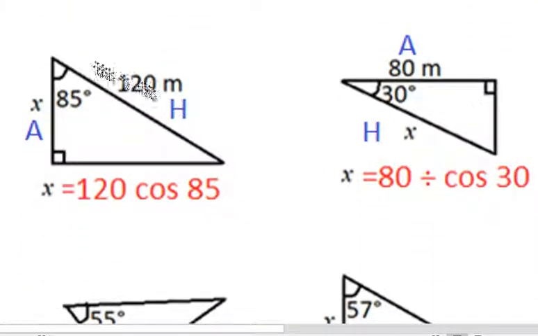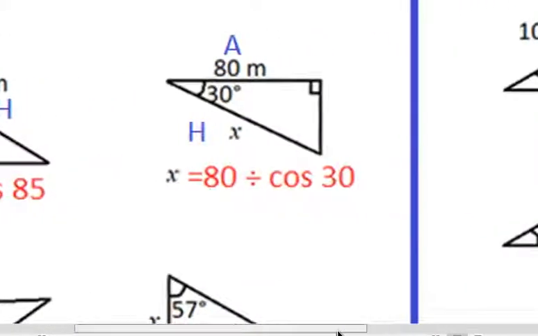If it's a number there on the long side, you don't use divide. 120 cos 85. You just start with that number, 120 followed by cos, because we decided we were going to use cos in the previous step, and followed by the angle that's given, 85. As simple as that, just press equals and you get your answer.